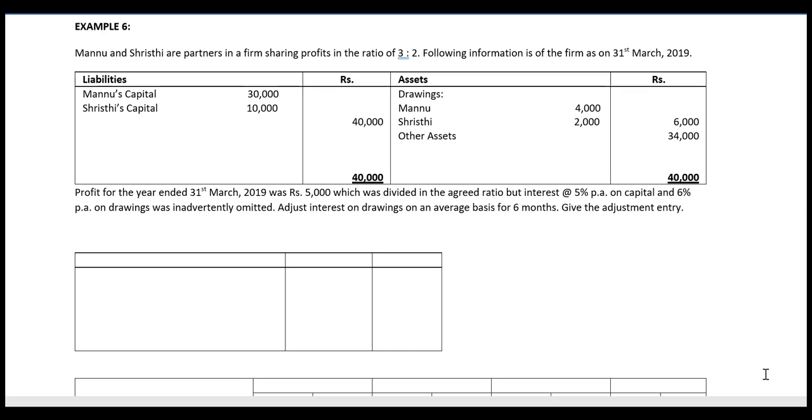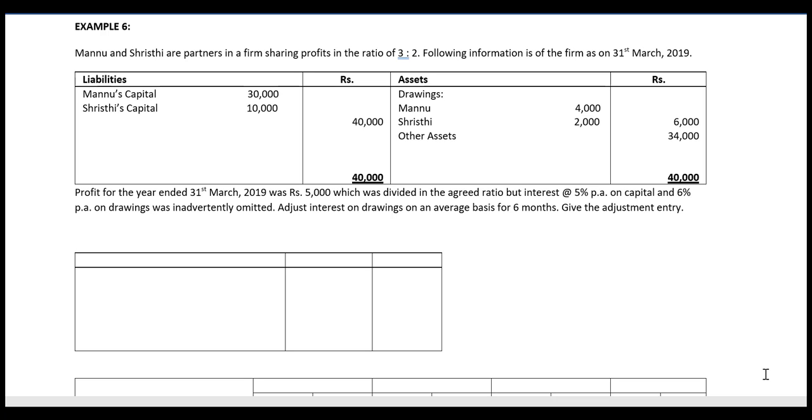So the error is that interest on capital at 5% per annum was not provided, and interest on drawings at 6% per annum was not charged. So our approach to the problem will be to allow the interest on capital at 5% per annum and to charge the interest on drawings at 6% per annum. But before we continue with calculation of interest on capital, we find that the capital of Manu and Shrishti, which is given, which is 30,000 and 10,000, is at the end of the accounting period.